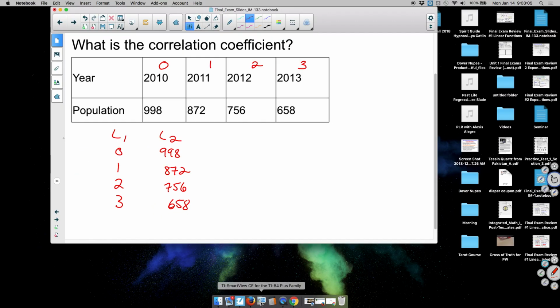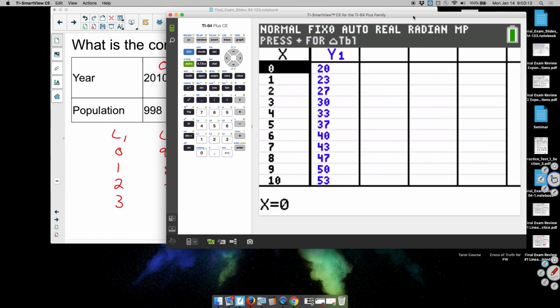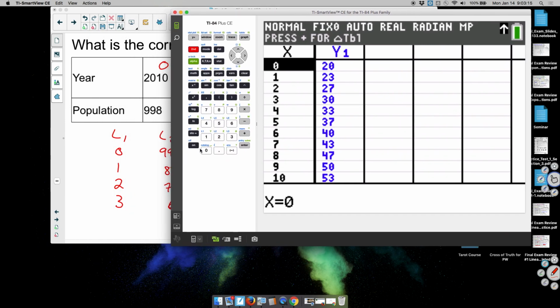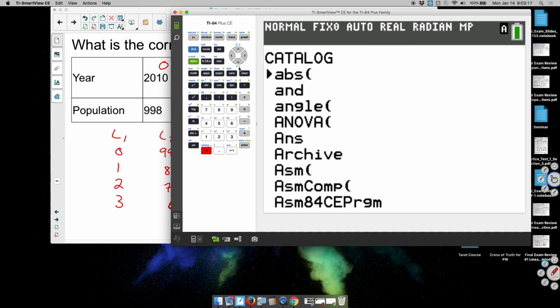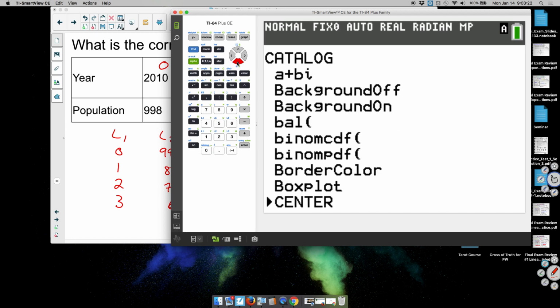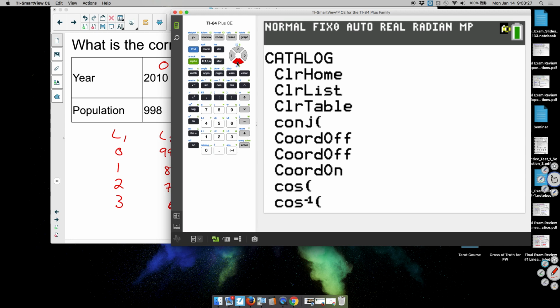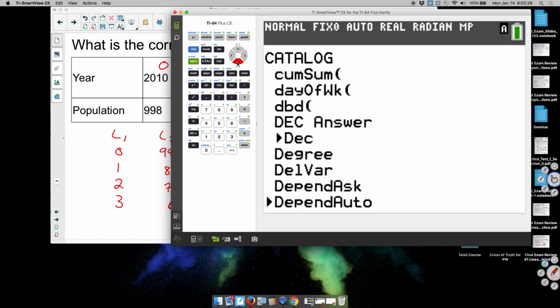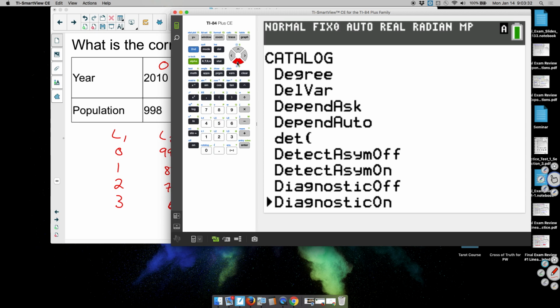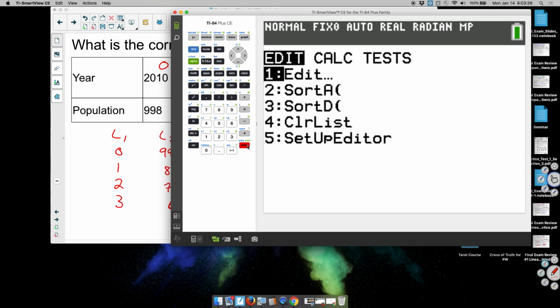So which one best fits? And what is the correlation coefficient? To check my correlation coefficient, I go to second catalog, all the way down to diagnostic, and make sure it's on. Now I'm going to go to stat, edit.